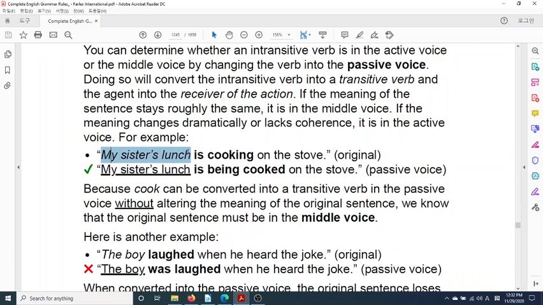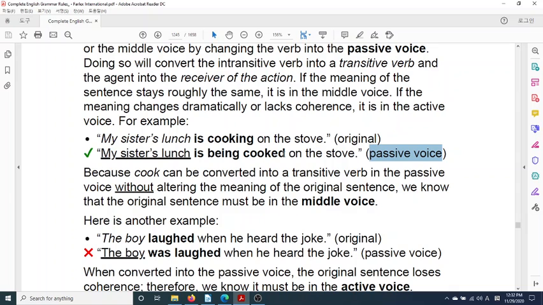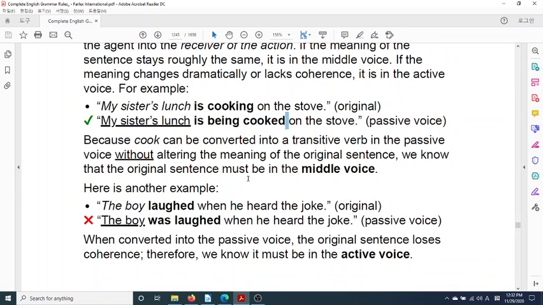My sister's lunch is cooking on the stove versus my sister's lunch is being cooked on the stove, which is obviously passive voice, and doesn't have an agent. It's not saying who's cooking it. Because cook can be converted into a transitive verb in the passive voice without altering the meaning of the original sentence, we know that the original sentence must be in the middle voice.